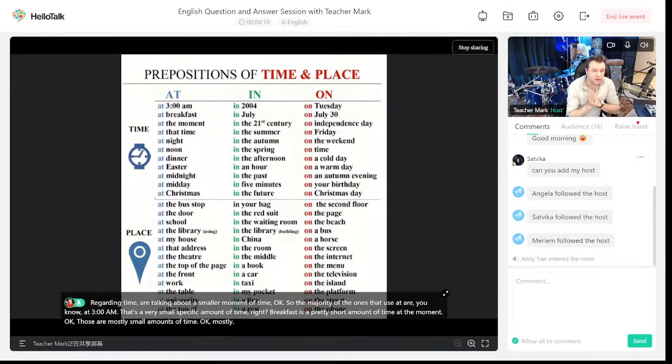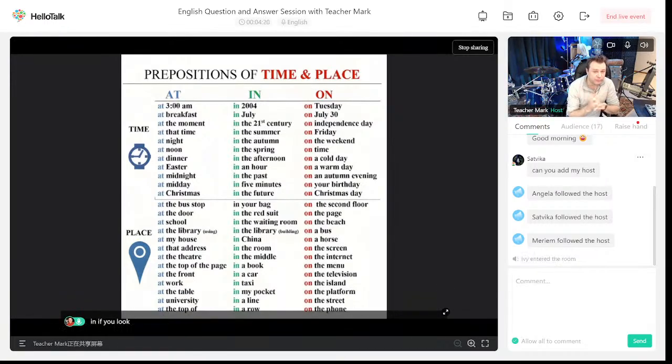In, if you look, is slightly different: in 2004, in July, in the 21st century, in summer, in autumn, in spring, in the afternoon. Spring, autumn, summer, 21st century, July, and 2004. And also the future, the past. Those are big amounts of time.